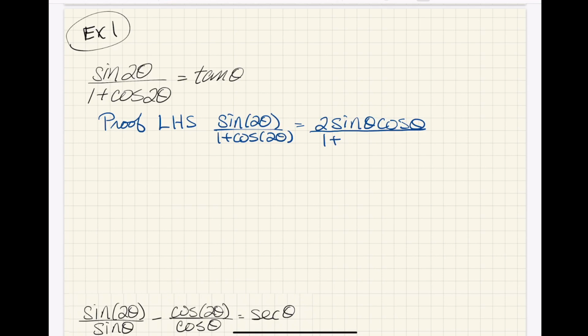Now look, remember, when you're doing trig proofs, you have the answers sitting right in front of you. If we're thinking about doing a proof that we've obviously started, our final line needs to be the tangent of theta.